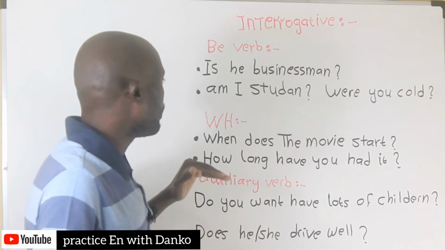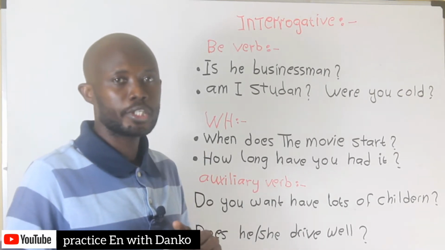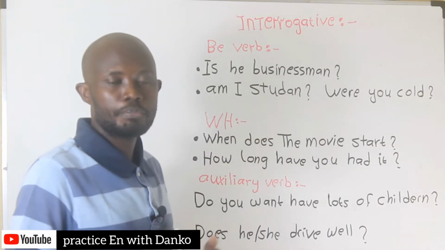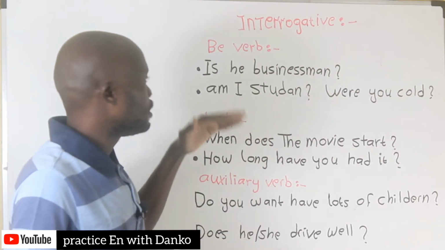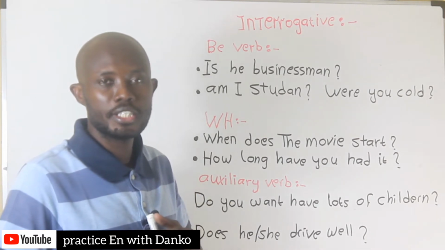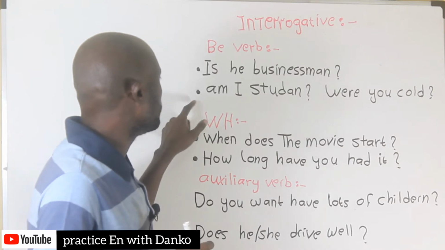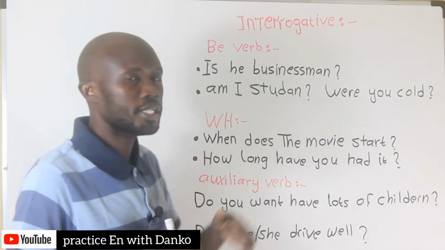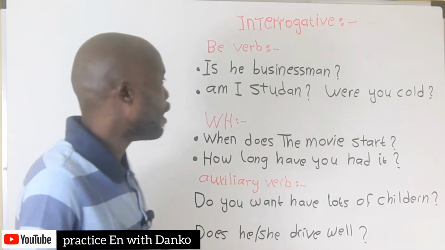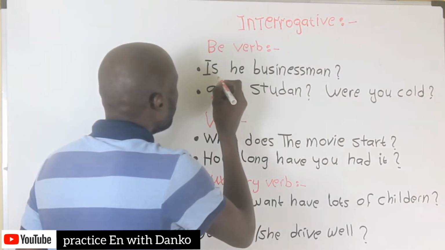I will go a little bit quickly here because we already talked about be verbs, and we just have to make sure how to use interrogative sentences in English. Number two, am I a student? Am is a be verb.